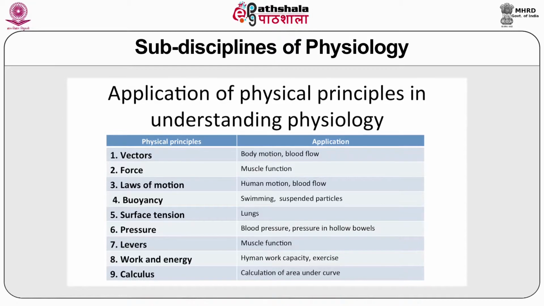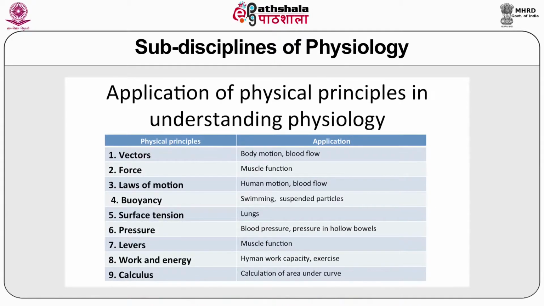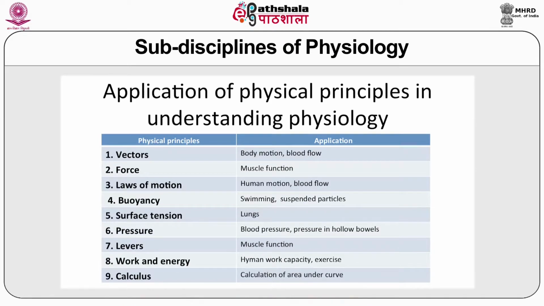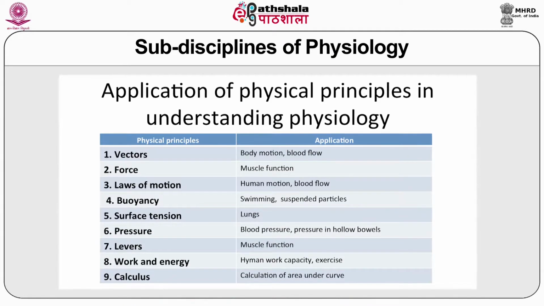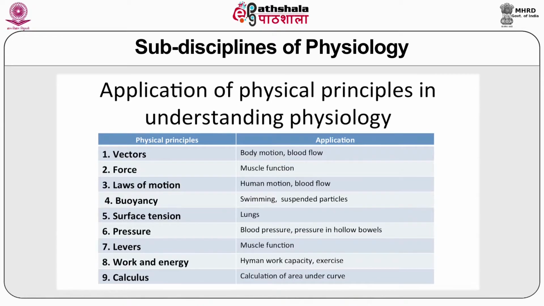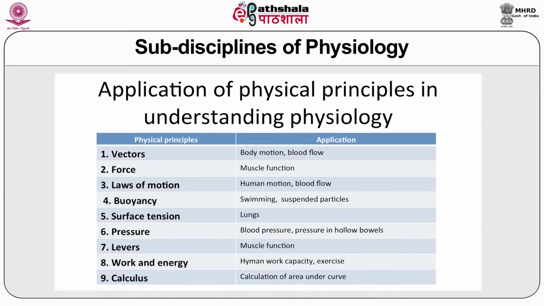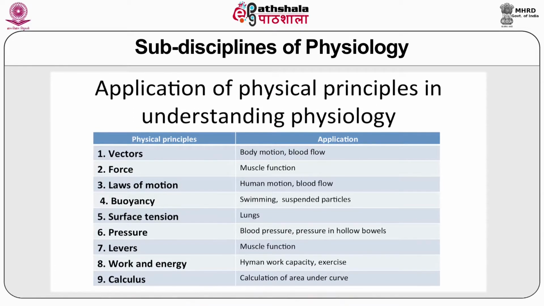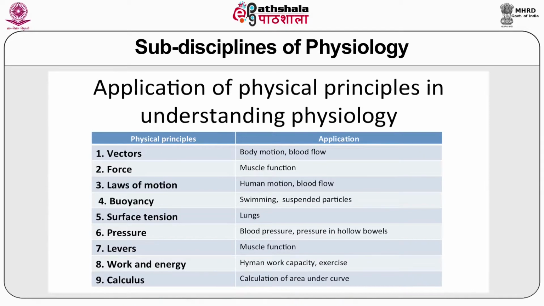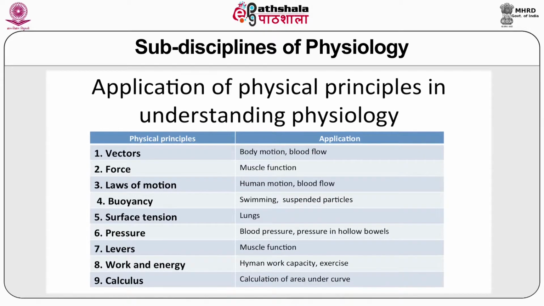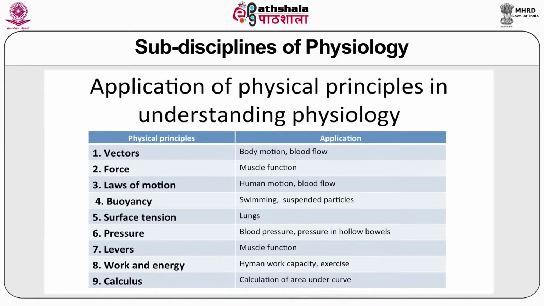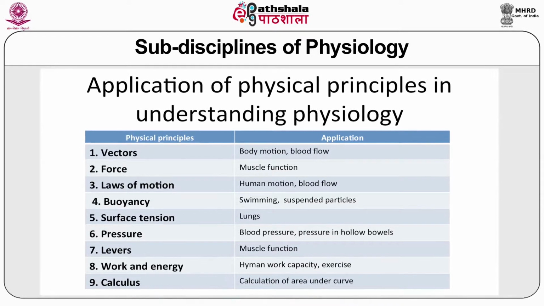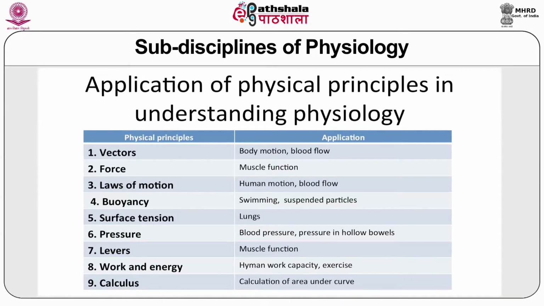On the left side of the table, physical principles are listed, and on the corresponding right side, physiological functions are listed. You must understand that these physical principles are used to explain the physiological variables and functions. Understanding basic physics thus becomes important to decipher the principles working in physiology and related functions. As I have told before, I am going to explain a bit here.